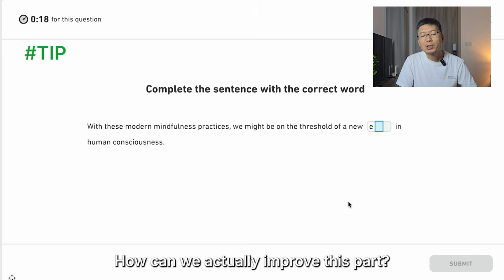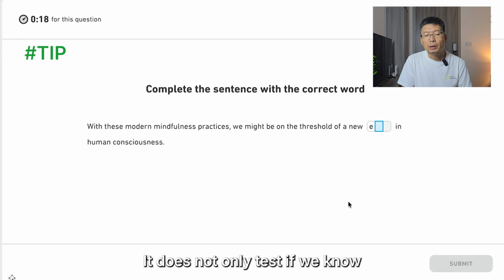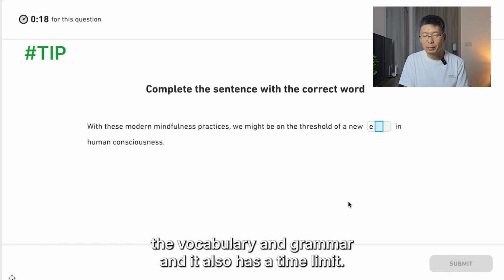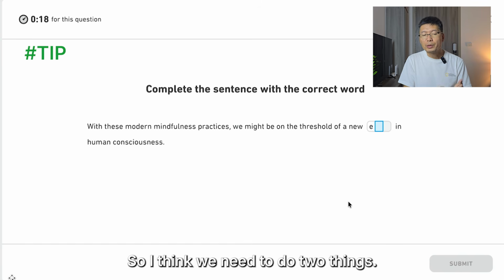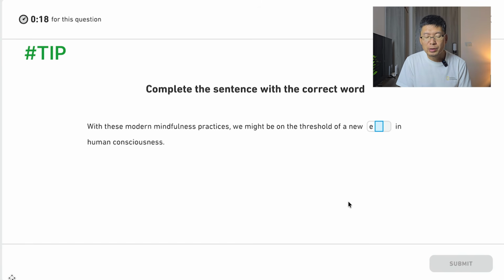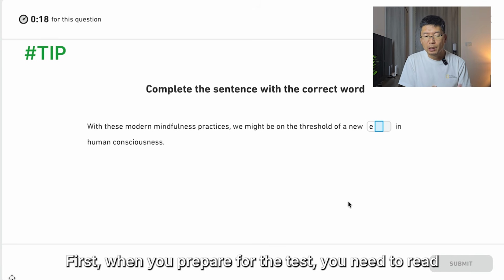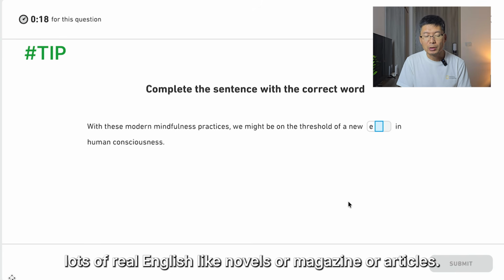How can we actually improve this part? It not only tests if we know the vocabulary and the grammar, it also has a time limit. So it tests if we can process the information very quickly. So first, I think we need to do two things. First, when you prepare for the test, you need to read lots of real English, like novels or magazines or articles.